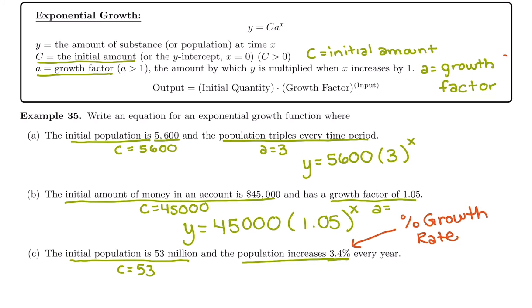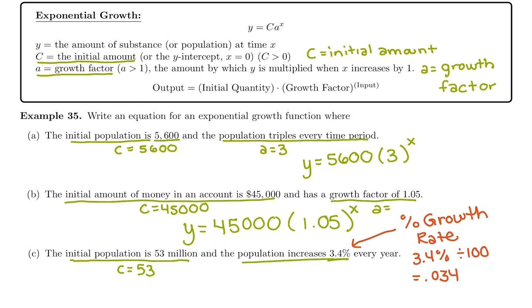But to plug into the formula, we need a growth factor. That's what A is. So we need to get this out of being a percent. So first thing we're going to do is divide this 3.4% by 100 to make it a decimal instead, which is going to give us 0.034.